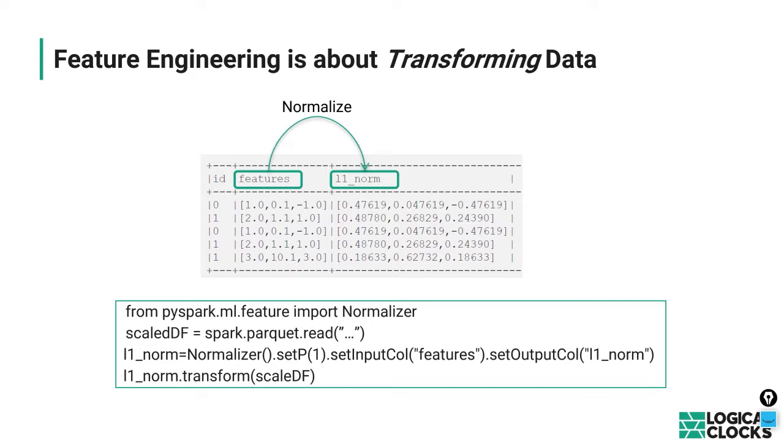In this example code, we can see some PySpark code, which just shows how you would do an L1 normalization on a DataFrame and a particular input column. So this piece of code is our feature engineering or transformation code, and that's what we'll use to take our raw backend data and turn it into features that will be ready to be consumed by machine learning models later on.